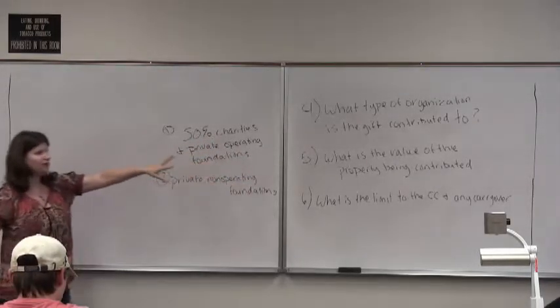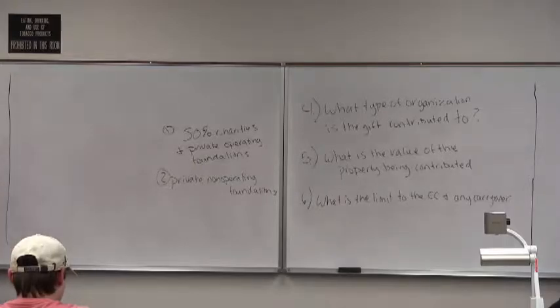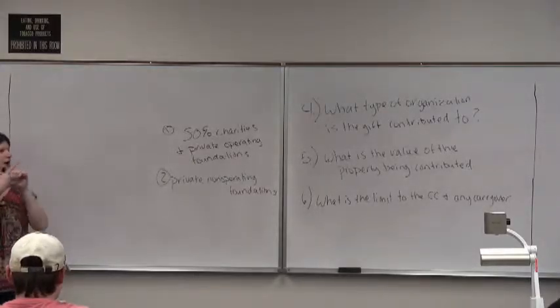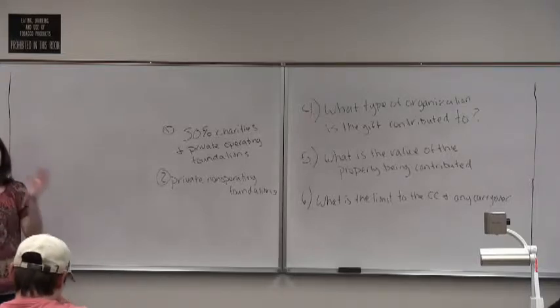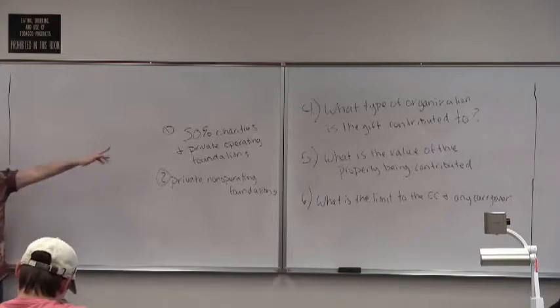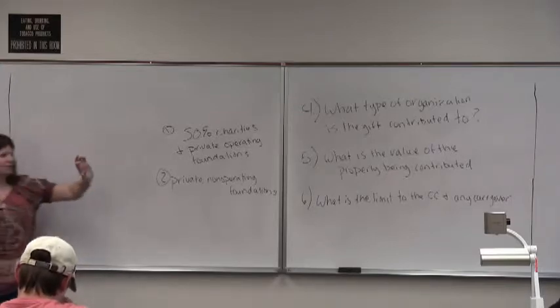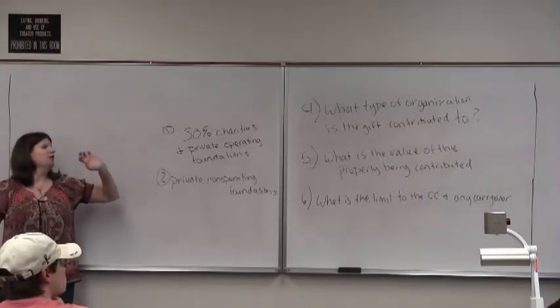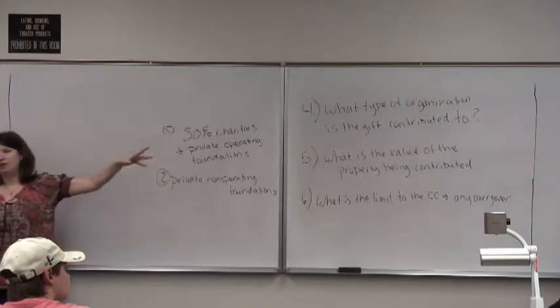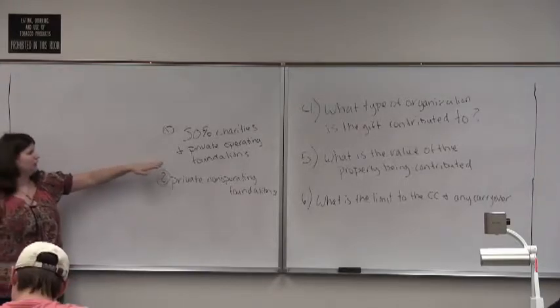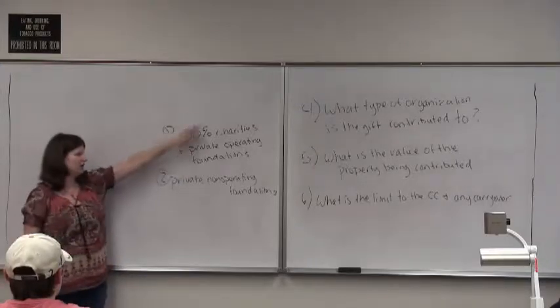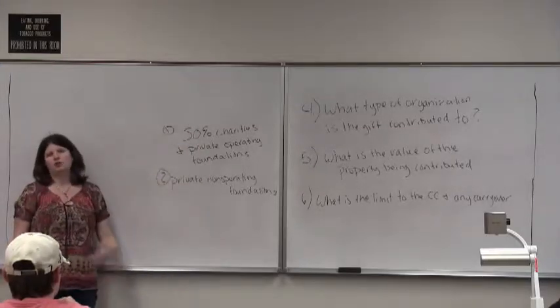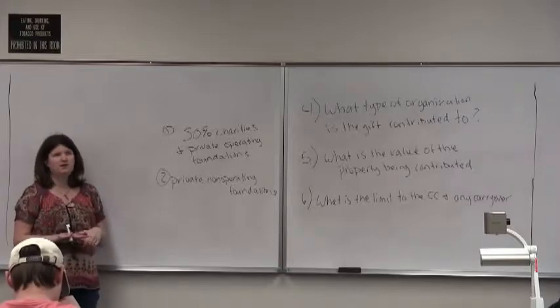The schools, if you donate to some sort of school, educational institution, or governmental organization, those are all considered to be good nonprofits. They are not going to be on this list. Just because they're not on the list doesn't mean that they're not a good 50% charity. So these are the normal types of charities that you think about, like churches, schools, governmental entities.